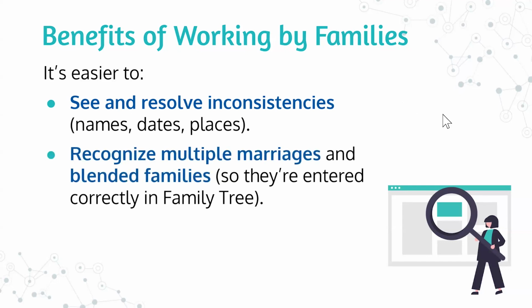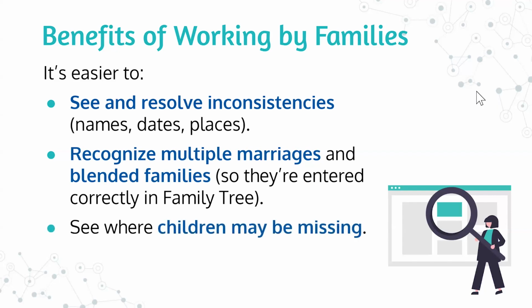It also enables you to recognize multiple marriages and blended families so that you can enter them correctly in Family Tree, and we'll see an example of that in just a minute. It lets you see where children may be missing. So when you've got the whole picture, you can say, they were having kids every 2 years until there's this big gap between the third and fourth children.